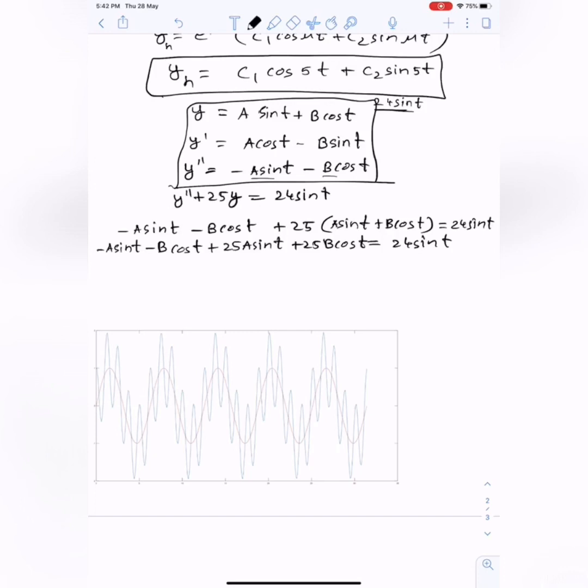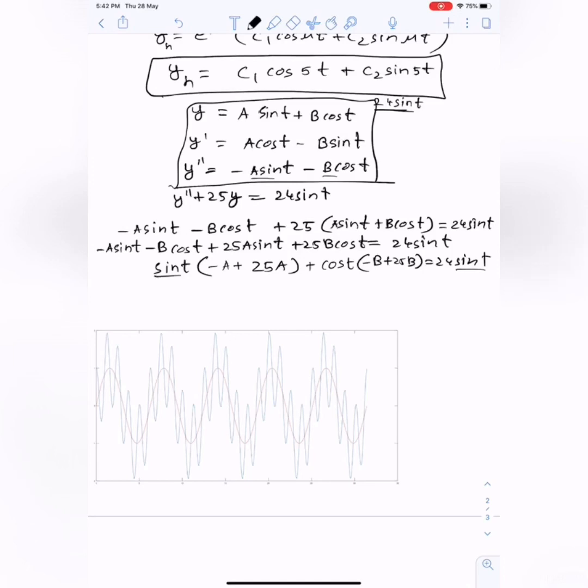Taking sin t common from these terms, that gives us negative a plus 25a, plus cos t times minus b plus 25b, equals 24 sin t. So let's compare the coefficients on either side.